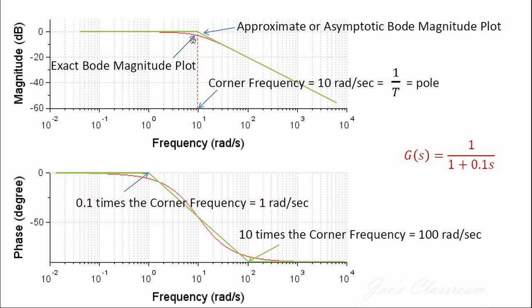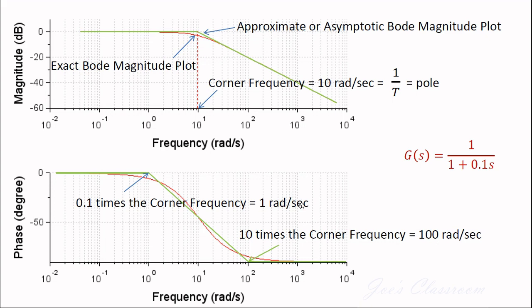Particularly in this region, it is not exactly coinciding with the exact Bode plot. So we call the asymptotic Bode plot an approximate Bode plot also, but usually it is called the asymptotic Bode plot. Here also, the red line represents the exact phase plot and the green line represents the asymptotic phase plot.